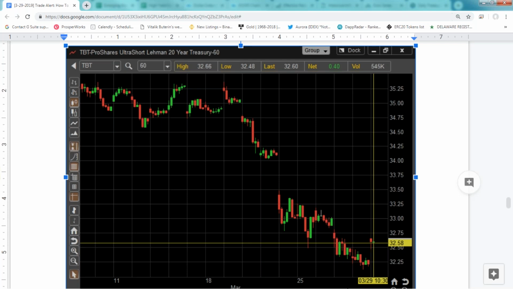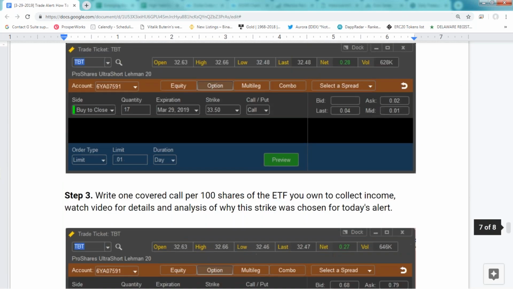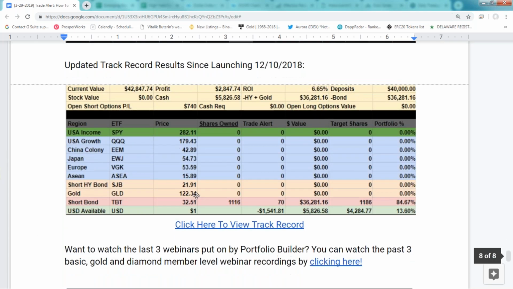Now, despite this really quite remarkable crash in treasury rates in the last 2 weeks, our portfolio is still doing great on this program. It did lose some of its gains. It was outperforming the S&P 500, but because we continue to write the covered call, we've protected the position and only had a small amount of drawdown.